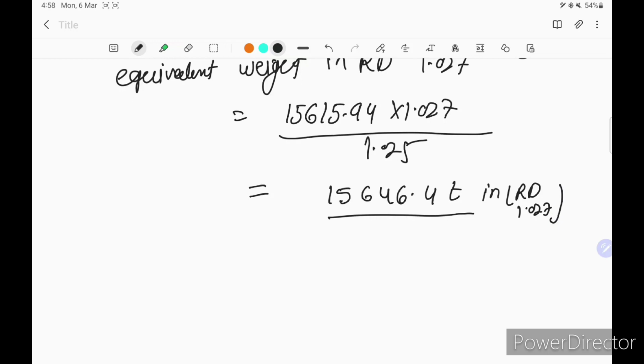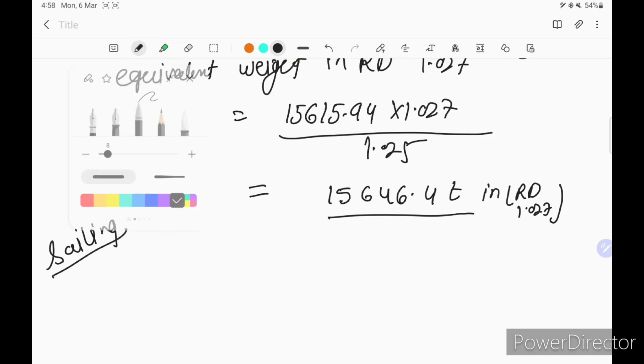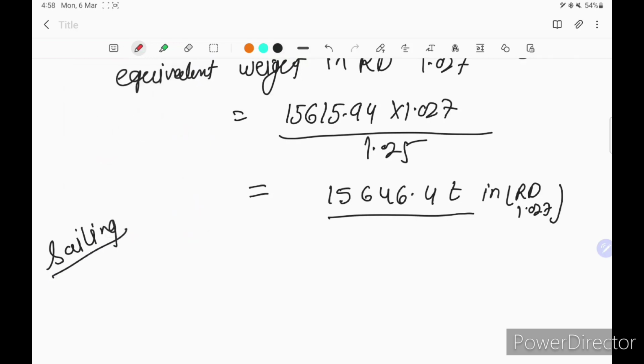Now the first part of the numerical is clear. Now we'll move to the sailing time. Okay, so if you see in the MV Henship particulars, you will get the summer zone is 9.385. Since it is even keel, forward and aft are the same. Aft is, since it is sag, so sag is around 4 cm.